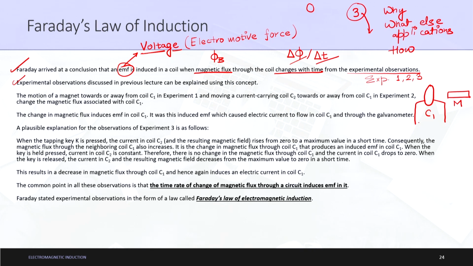These concepts were told in the last lecture. What is a galvanometer? Why does it show a deflection? What should be the direction of the current? What should be the direction of deflection of the galvanometer? So now let me focus on the third point only.